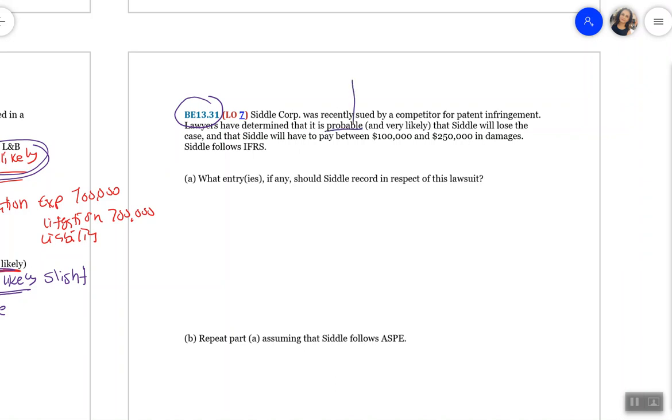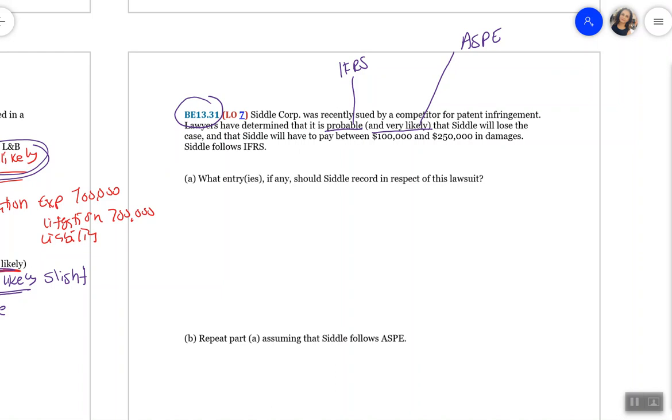So when they use the word probable, we know that we have to follow IFRS standards, and very likely is the terminology used under ASPE. Why is it in the same question? Because the author wants you to do the question under the IFRS standards and under the ASPE standards.